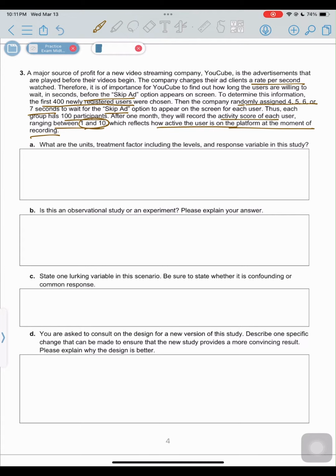Okay, so the units, we said there's 400 newly registered users, so there's 400 users. I guess, newly registered, yeah. It's good to be specific. 400 newly registered users, and then the treatment factors.